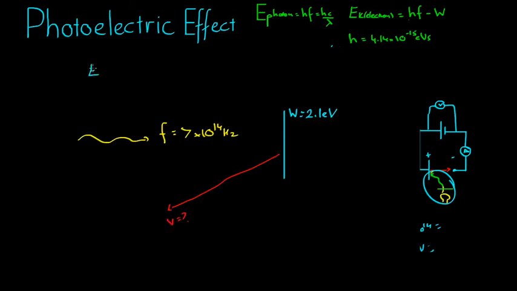So we know the kinetic energy of the electron is equal to hf take W from this formula up here. We'll find it in electron volts first. So the kinetic energy is equal to 4.14 times 10 to the negative 15 times 7 times 10 to the 14, take away 2.1, which is equal to 0.798 electron volts.